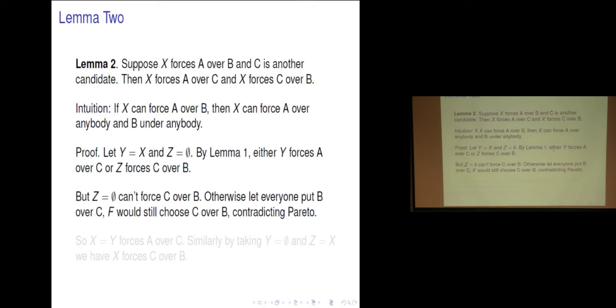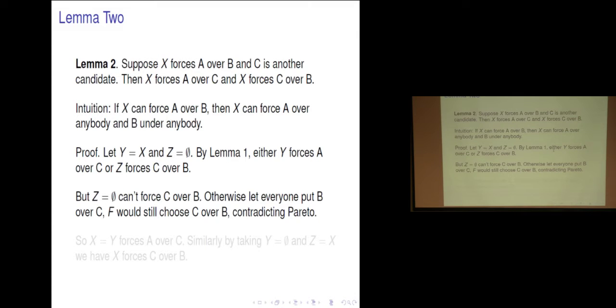But everybody else, which is everybody in the world, will put B over C. Now, by Pareto, if everybody puts B over C, C cannot be the winner. So therefore, it can't be. The empty set cannot force C over B. Otherwise, it's against Pareto.